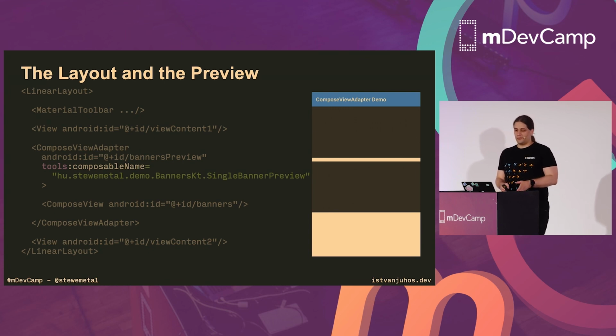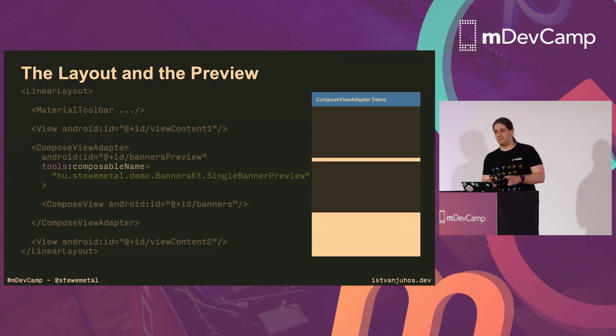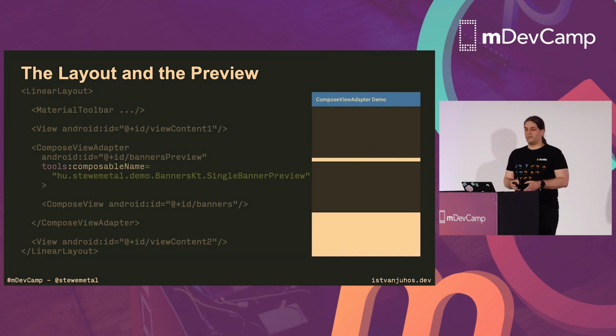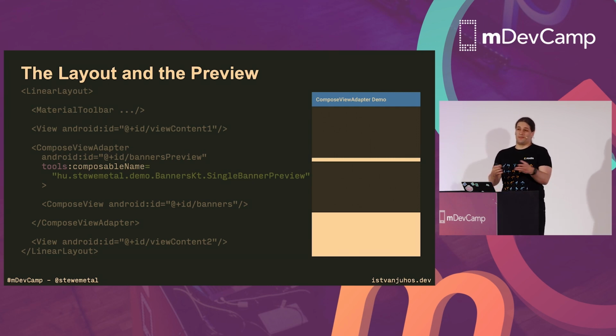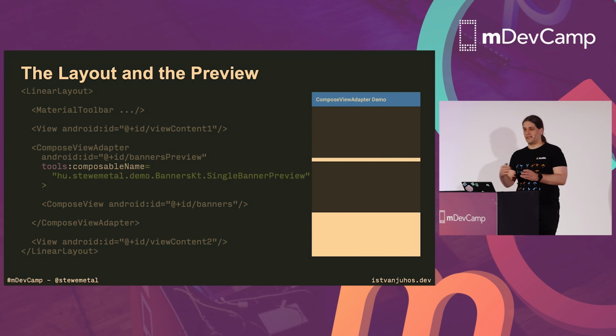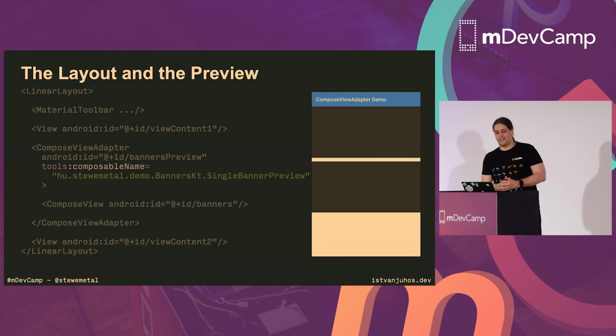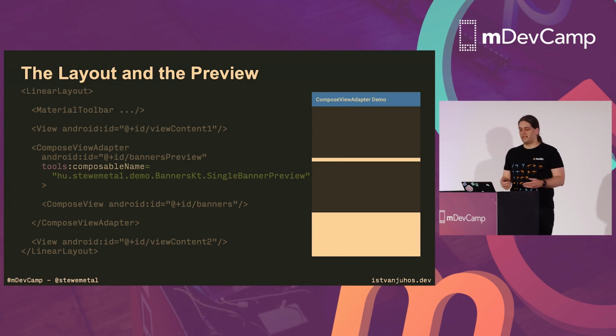This requires us to pass a string which contains a fully qualified name of a preview composable function. It's a bit quirky because it's stringly typed. And why that is, is that compose view adapter actually uses reflection behind the scenes to resolve the fully qualified preview function we pass there, and it will render it in the preview in edit mode.